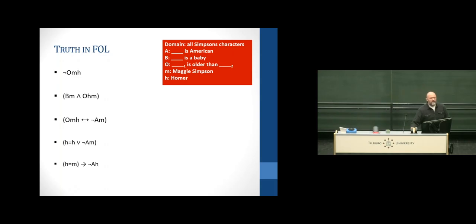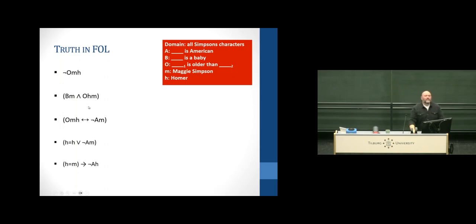How about our second sentence? In this case, our main connective is the conjunction. It's going to be true if both conjuncts are true. So we go and see, in this conjunct, is the thing named by M in the extension of the predicate B? Maggie is a baby. So cool, first conjunct nailed.